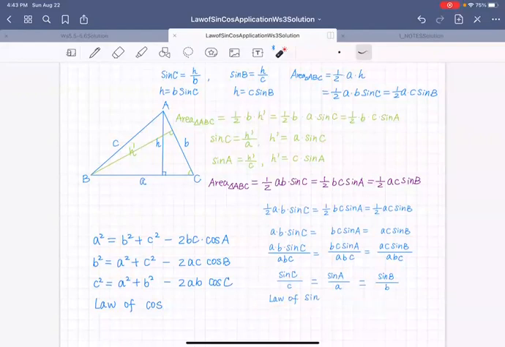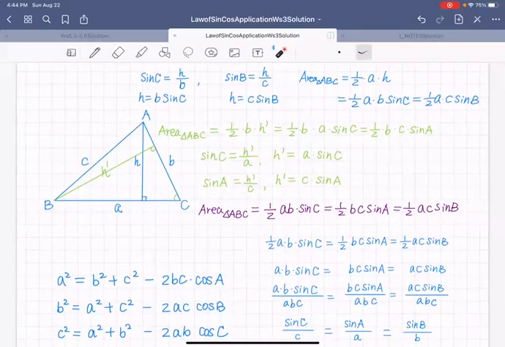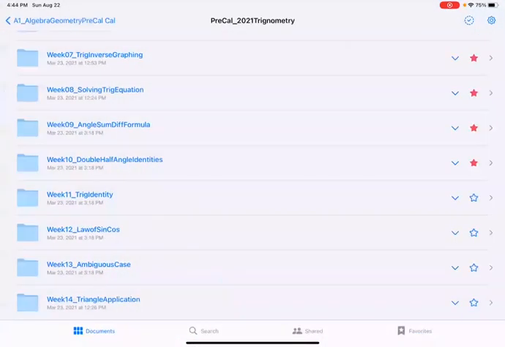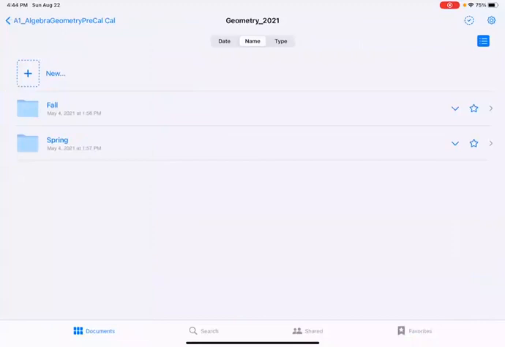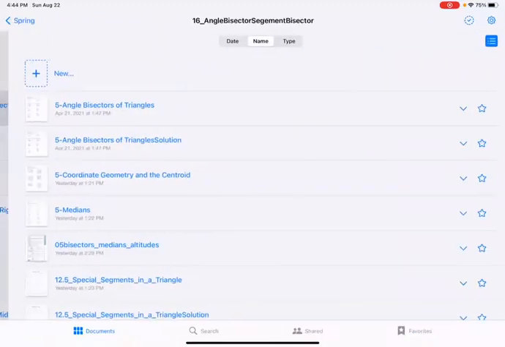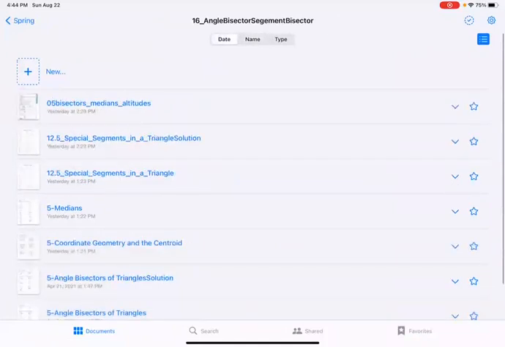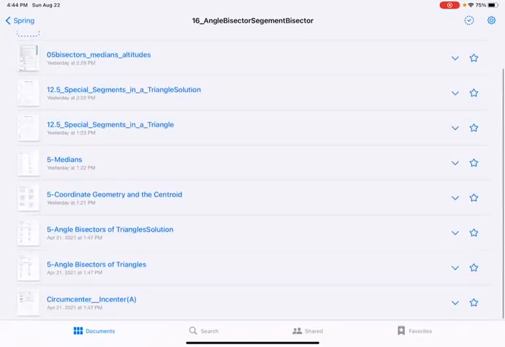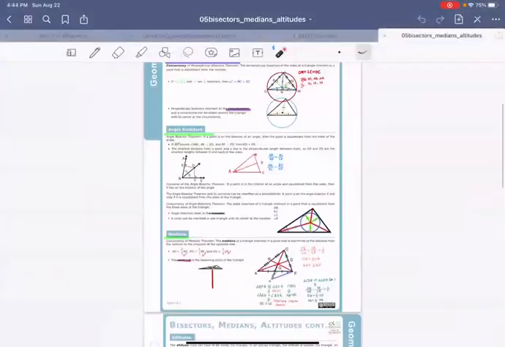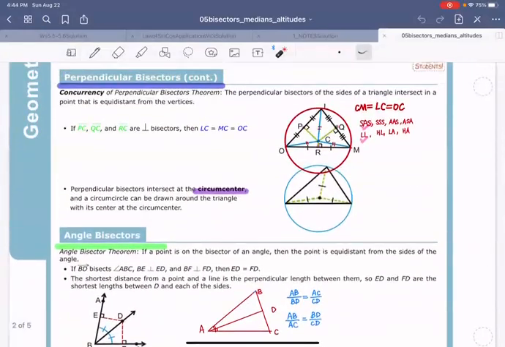Back to the law of sines, okay? Long time ago, by the time you learned geometry, I'm going to go to my folder for geometry. Okay. Two years ago, you learned geometry.